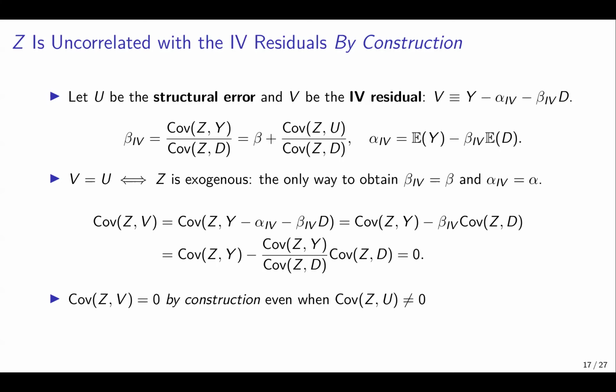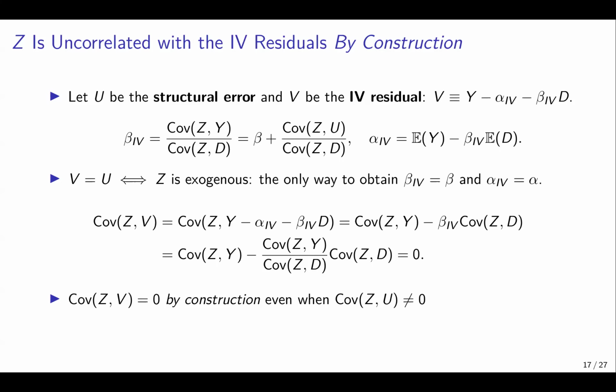All right, so what do we know here? Well, we know that beta IV, using our standard expression, is just the ratio of the covariance of z with y and the covariance of z with d. So what does that equal? If we plug in the structural model for y, we know that this is going to give us beta plus the covariance of z with u divided by the covariance of z with d. And we're now going to entertain the possibility that z is not exogenous.